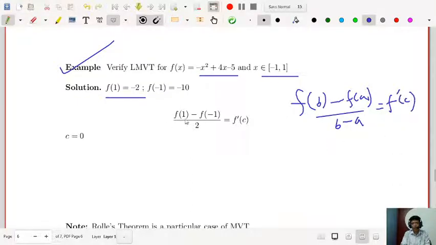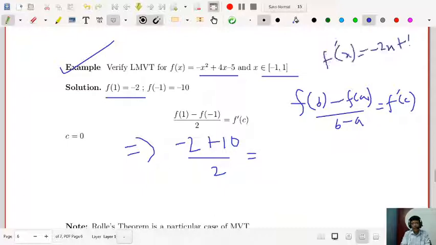So f(1) minus f(minus 1) by 2 equals minus 2 plus 10 by 2. Its derivative will be f dash x equal to minus 2x plus 4.